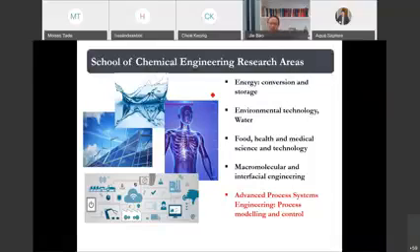Another area is environmental technologies, particularly water and membrane separation technologies, and food, health, and medical science and technology. We also do research in macromolecular and interfacial engineering, and of course in advanced process systems engineering, which includes process modeling and process control.